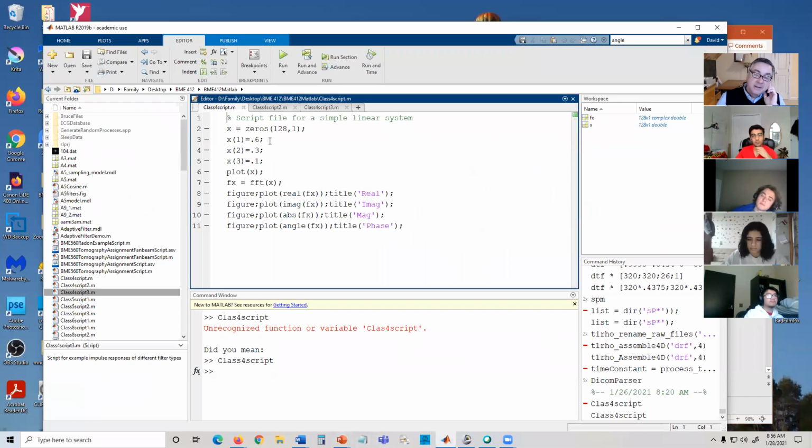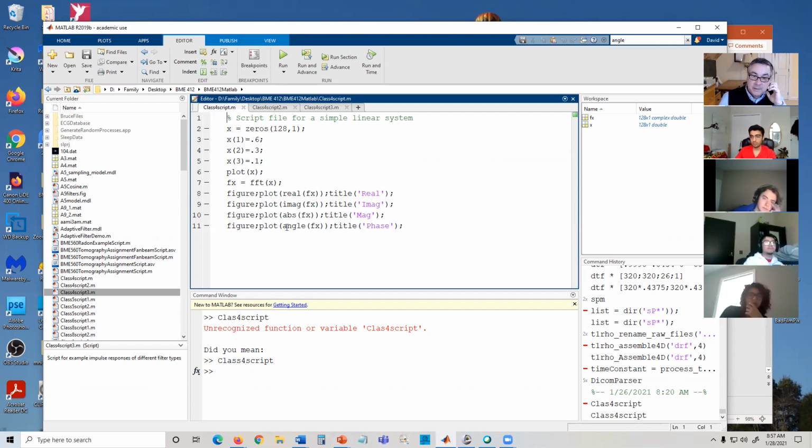I'm embedding this 0.6, 0.3, 0.1 followed by a bunch of zeros as our signal, and I'm going to take the FFT of that and then plot the real, imaginary, and magnitude. So in MATLAB, magnitude of a complex number is given by the absolute value function. Okay. And then the function that computes phase is called angle. And so I'm going to just use all of those. So this is a very simple script.